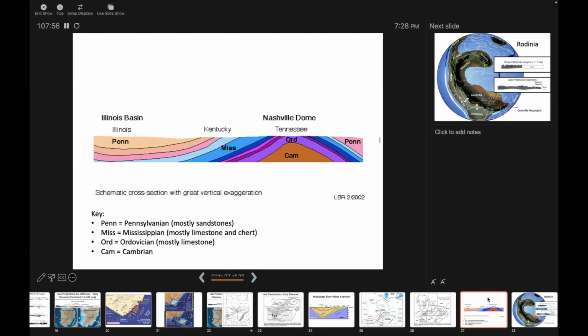Basins are the catchment points for that eroded rock, right? So think about a mountain range. The mountain range rises. How does it get lowered? Through erosion. And where does that sediment go? It either goes out to the ocean or it goes into a depositional basin, okay? Which may or may not be in the ocean.